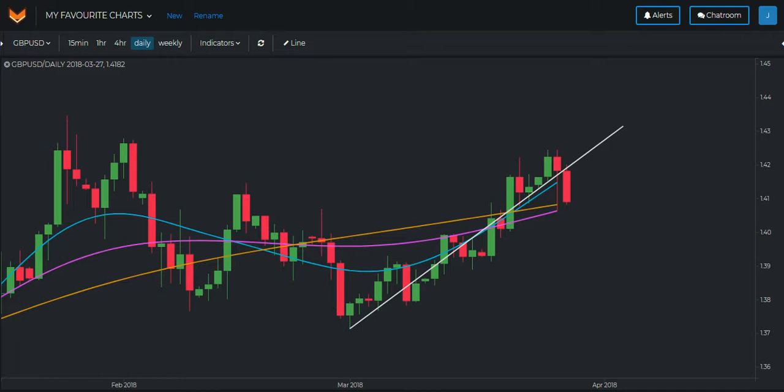So in this case, this would be a good opportunity to manage the trade, get the stop loss moved up a little bit, lock in some profits, but still keep your options open because we are expecting some more movement to the upside here on the GBP USD.